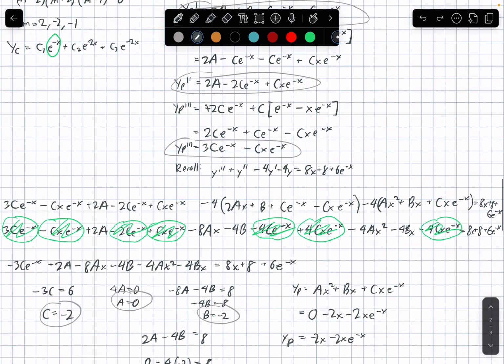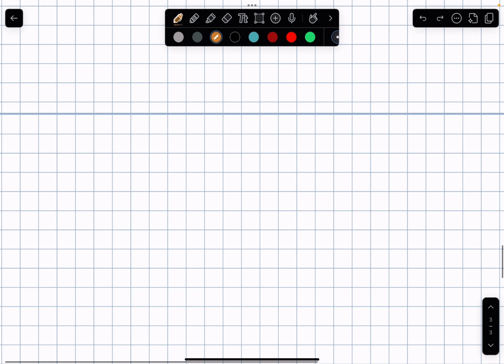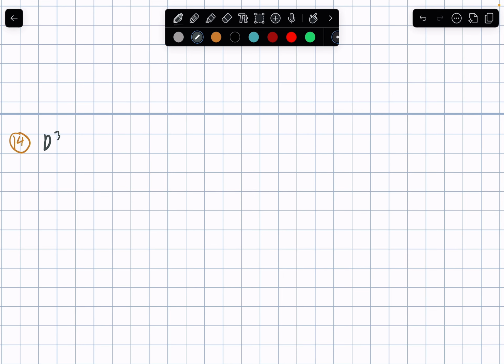Let's try something exotic. Let's try number 14. I think I'm gonna change my mind. I don't wanna make a video yet about variation of parameters. I'll think about it.